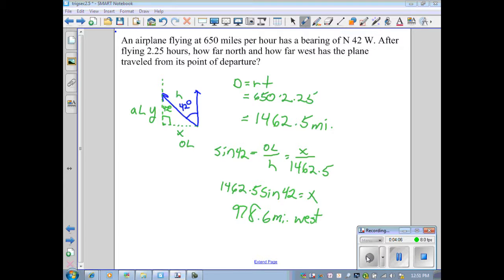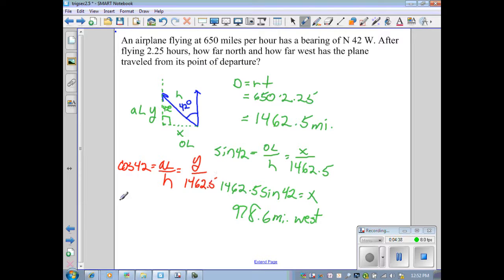Let's find the distance north. Again, I'm going to use 42 degrees, but now I'm going to use the adjacent leg and the hypotenuse. When I use the adjacent leg over the hypotenuse, my trig function is cosine, still at 42 degrees. When I substitute in, my adjacent leg is y over the hypotenuse, which is 1,462.5.